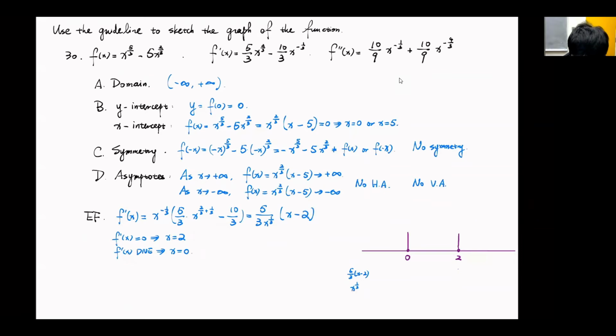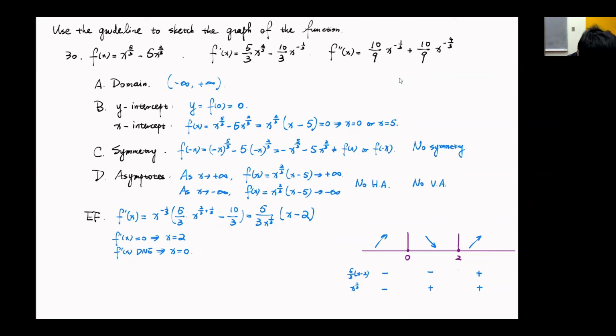Okay, so for the first factor, it will be positive to the right of 2, and to the left of 2, it will stay negative. And for the second factor, x to the 1/3, it will be positive to the right of 0, and it will be negative to the left of 0. Okay, so that means my function will be increasing because the derivative is positive. It will be decreasing because the derivative is negative, and it will be increasing again because the product of two negative numbers is positive. Okay, so this also makes a local maximum at 0 and a local minimum at 2.